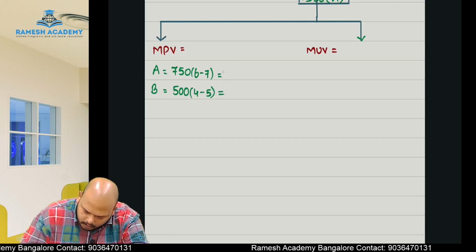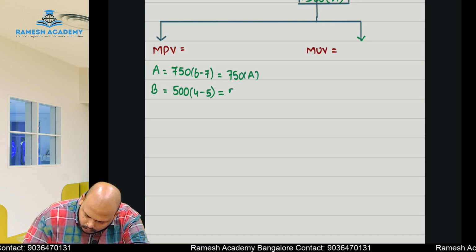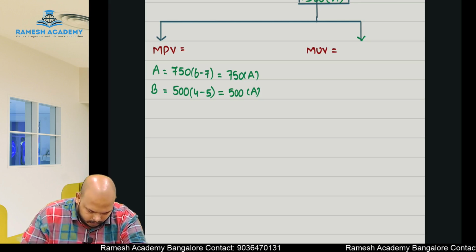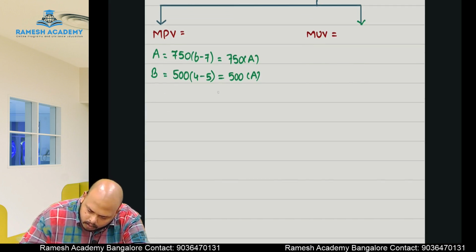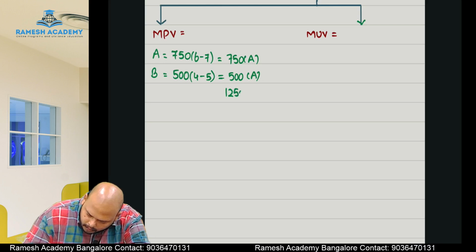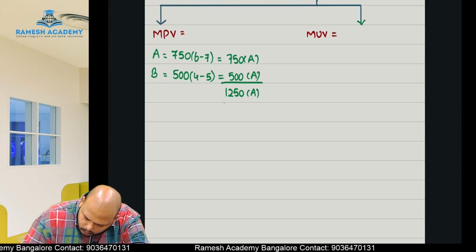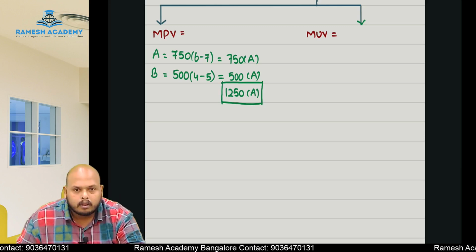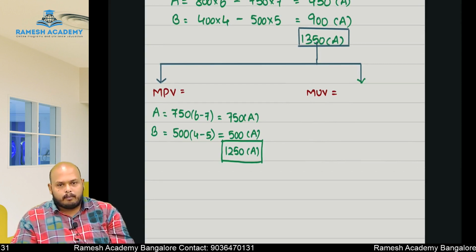So that is nothing but 750 adverse, 500 adverse. That is nothing but 1250 adverse. I hope everyone understood material price variance.